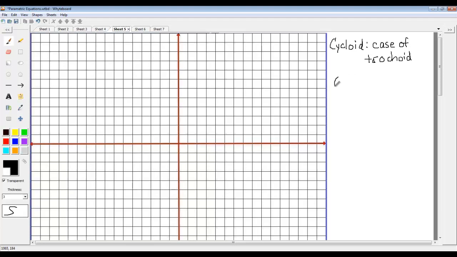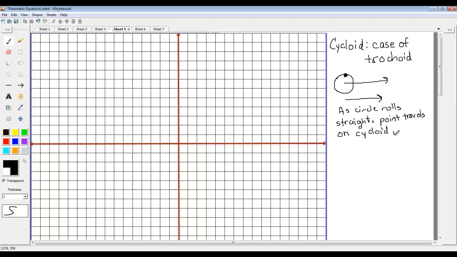Basically, if you have a circle, you have a point on the circumference of the circle, as the circle rolls, the cycloid is the shape that's traced out by a point, the path traced as the circle rolls along a straight line. So as the circle rolls straight, the point travels on the cycloid path.